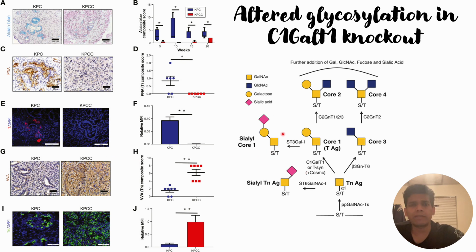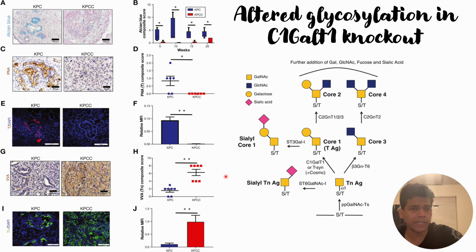So right now they have compared these T carbohydrate structures. However, they want to know whether there is an upregulation of the sialyl Tn antigen because of the absence of C1GalT1, whether the Tn monosaccharide is diverted towards sialyl Tn glycan formation or not.